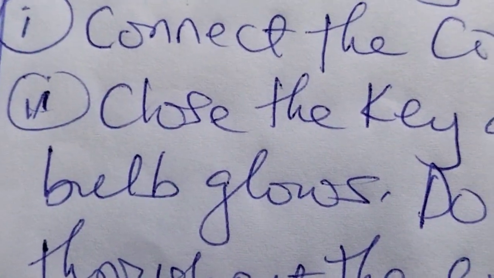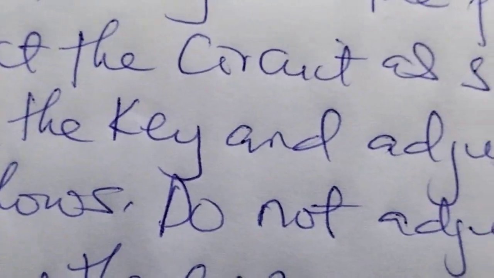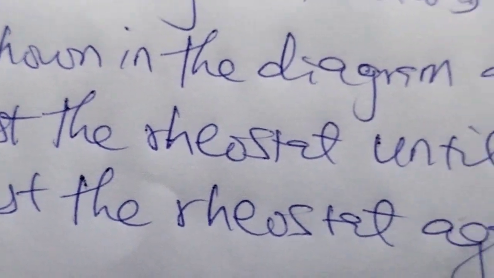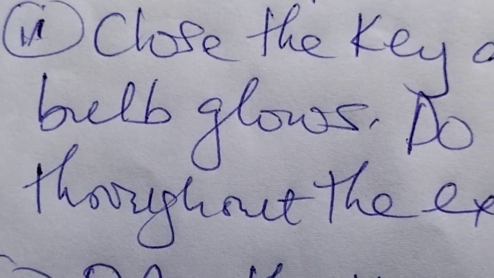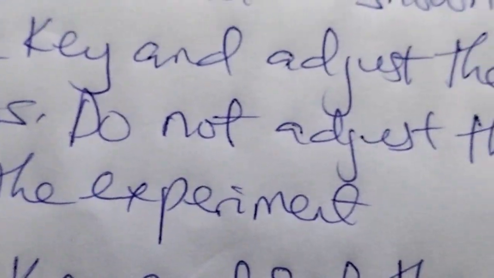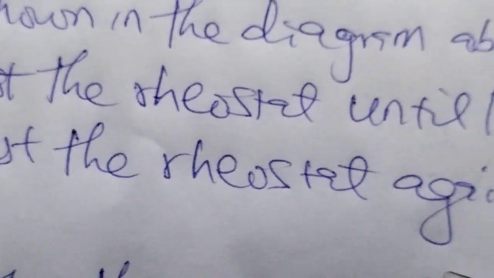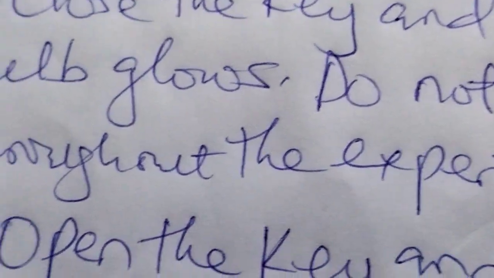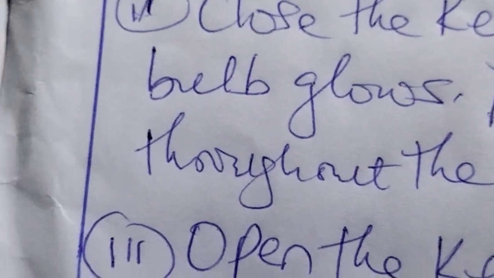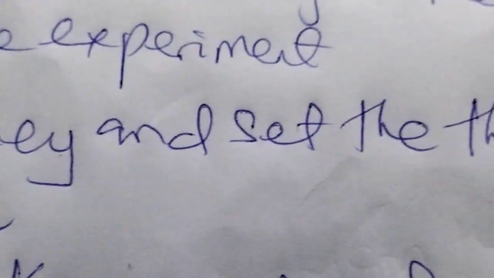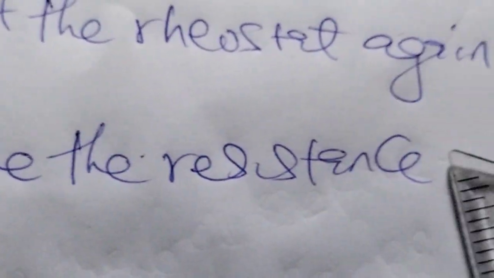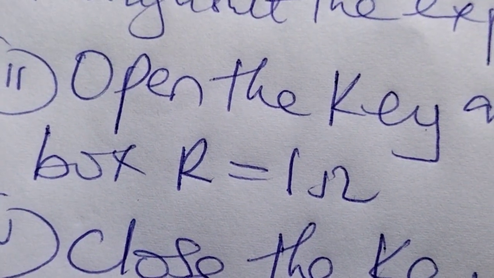Number 2, close the key and adjust the rheostat until the bulb glows. Do not adjust the rheostat again throughout the experiment. Number 3, open the key and set the resistance box R to be equal to 1 ohm.